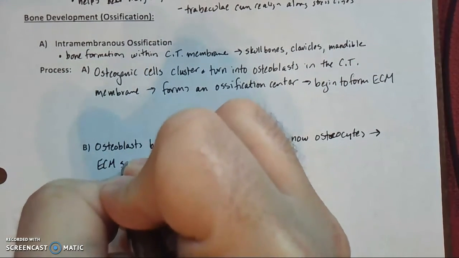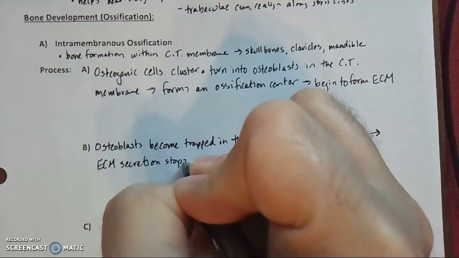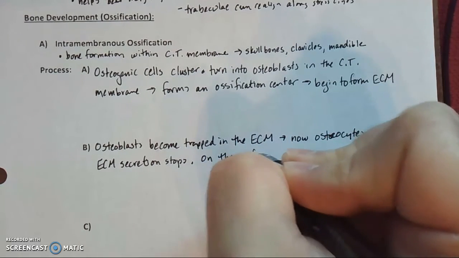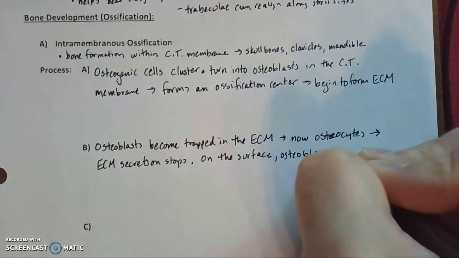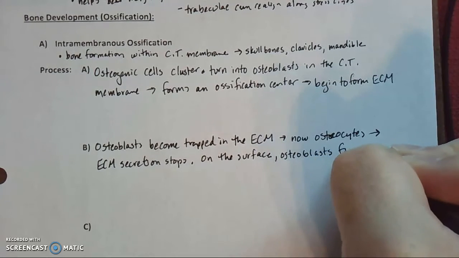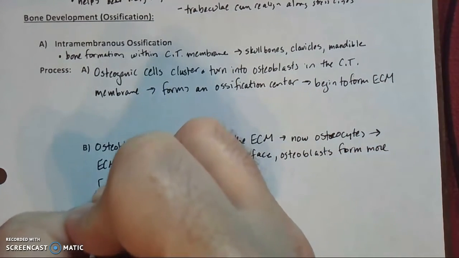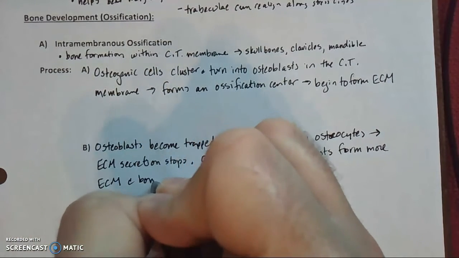ECM secretion stops, on the surface, osteoblasts form more ECM and bone columns form.